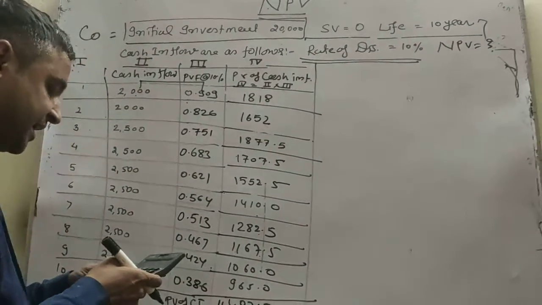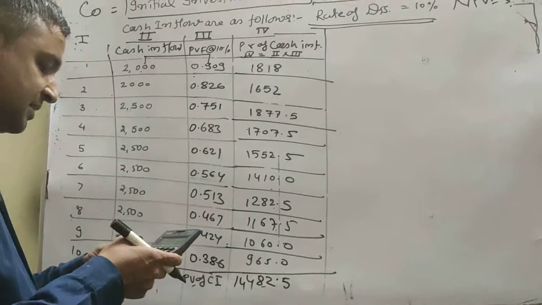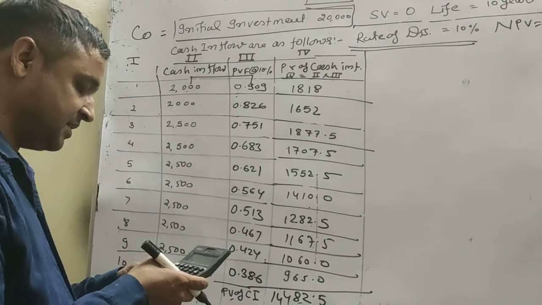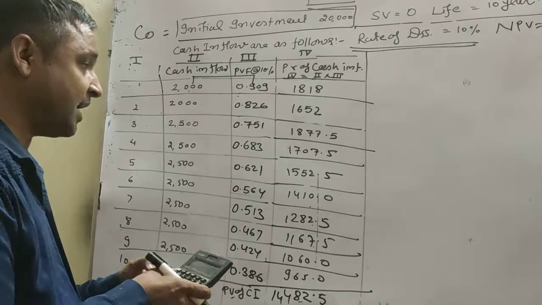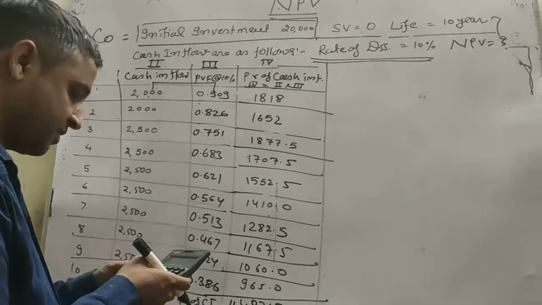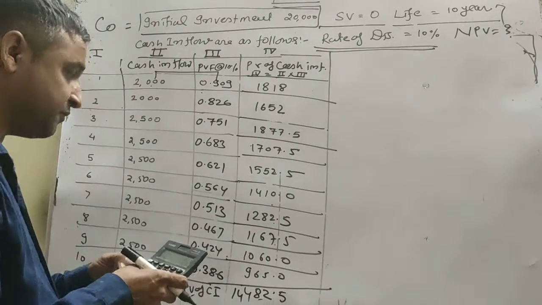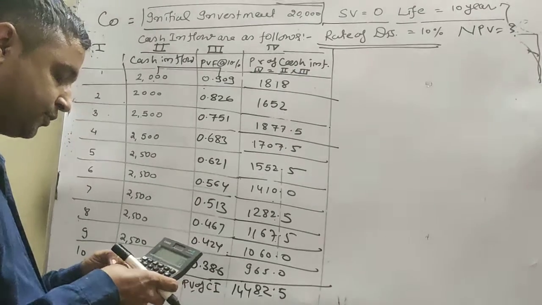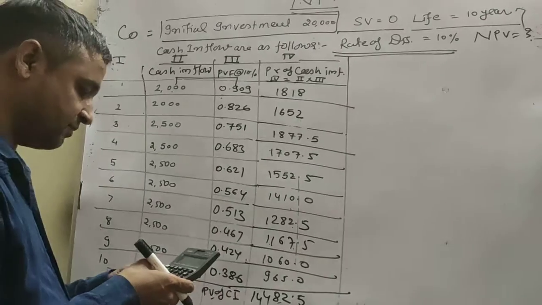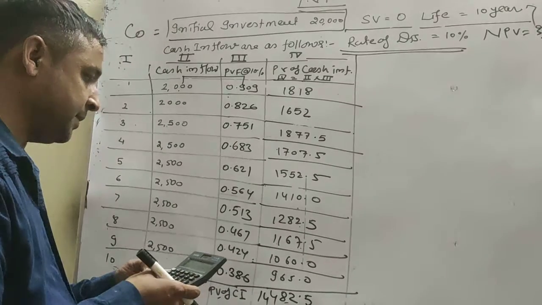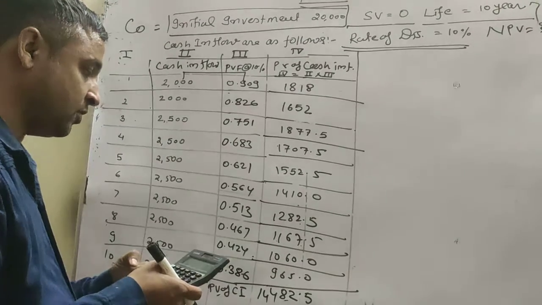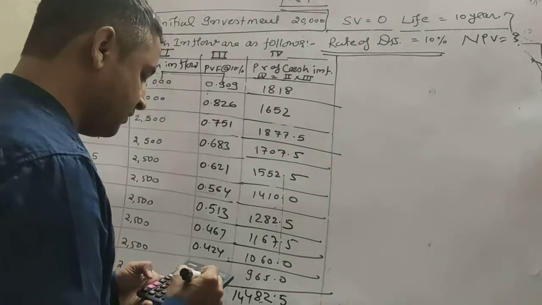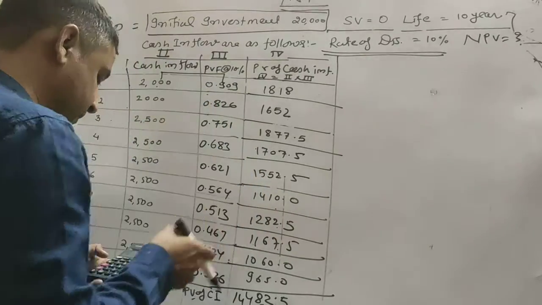Once again: 1818 plus 1652 plus 1877.5 plus 1707.5 plus 1552.5 plus 1410 plus 1282.5 plus 1167.5 plus 1060 plus 965.